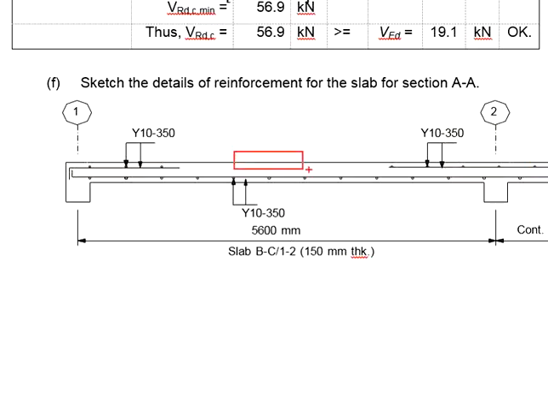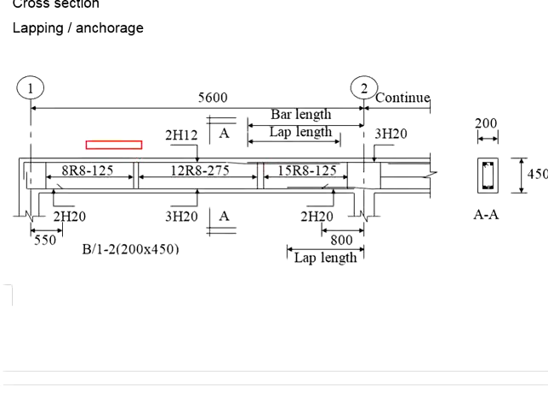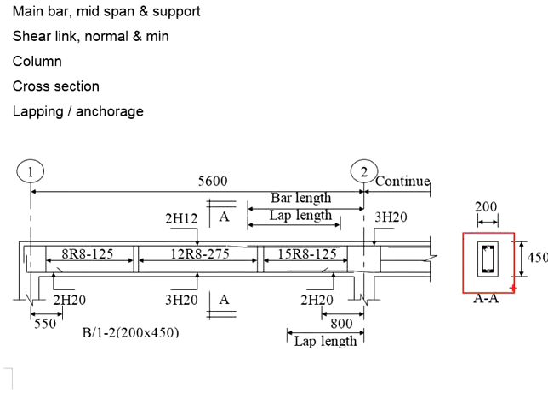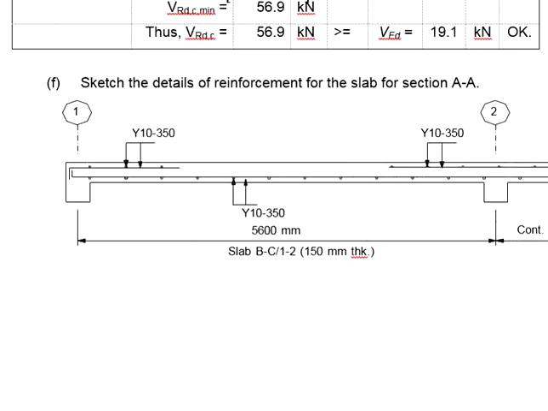As for the compression part, you don't have to provide reinforcement there. Unlike a reinforced concrete beam, which will have to have at least 2 H12 to tie the shear links in position, for the slab reinforcement you do not require shear links, but you will have transverse reinforcement.